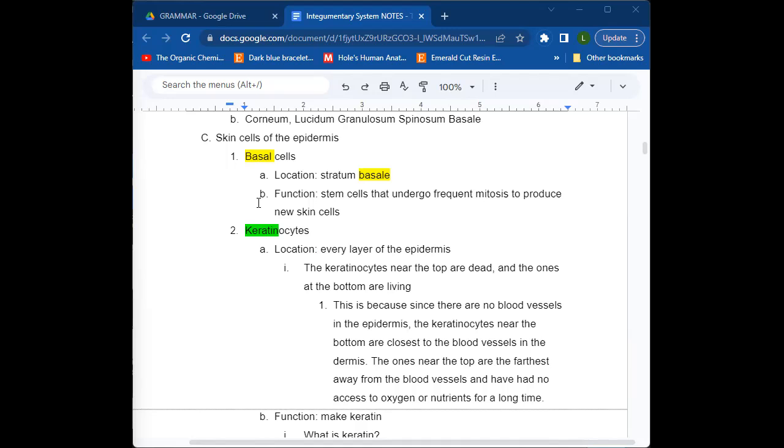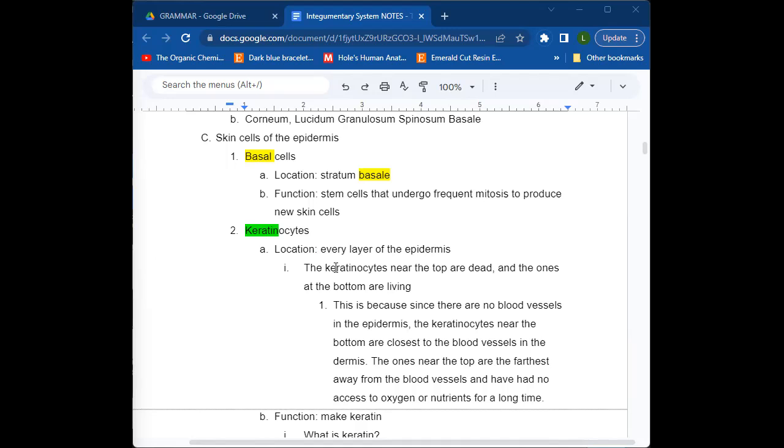The function of the basal cells is to divide repeatedly over and over again in order to make new skin cells. The main type of cell that the basal cells make is keratinocytes.